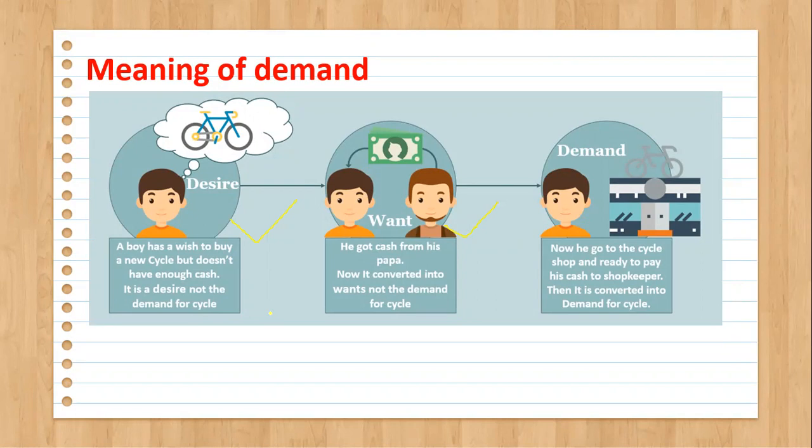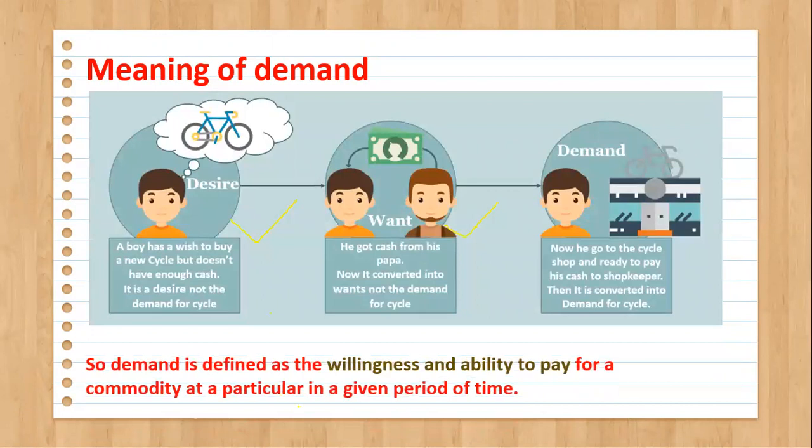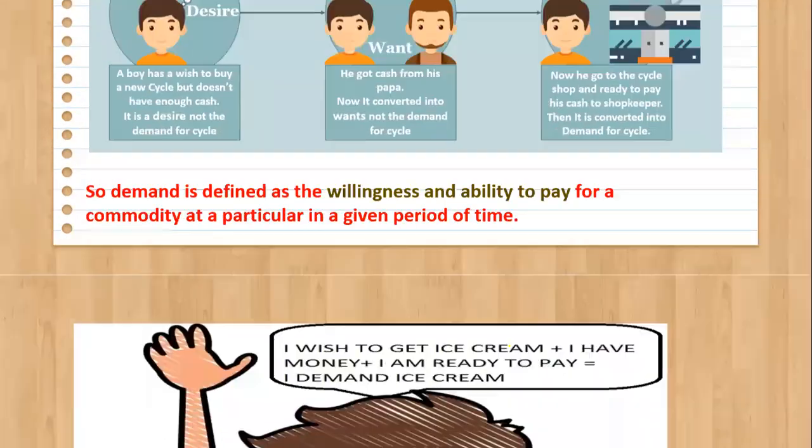In order to call any desire a demand, the person should have the ability to purchase that commodity, which means he should have enough money. That becomes your demand. So it is the willingness and ability to pay for that commodity at a particular price in a given period of time.